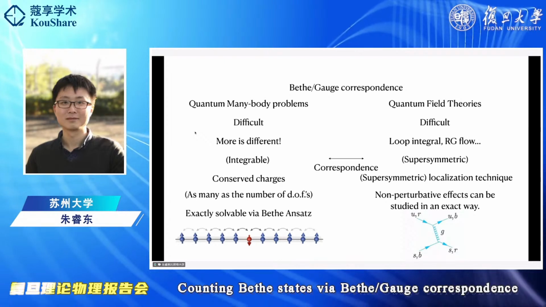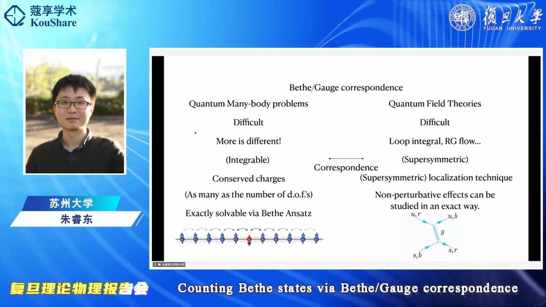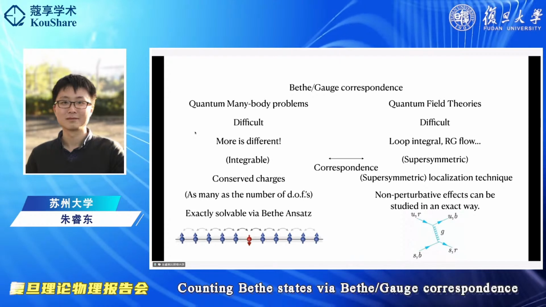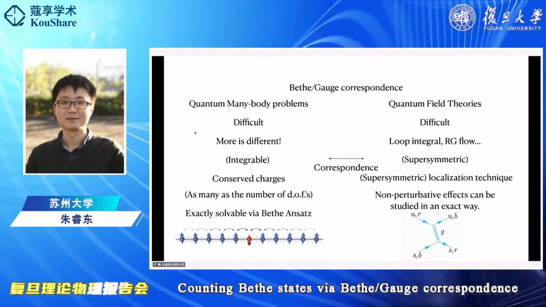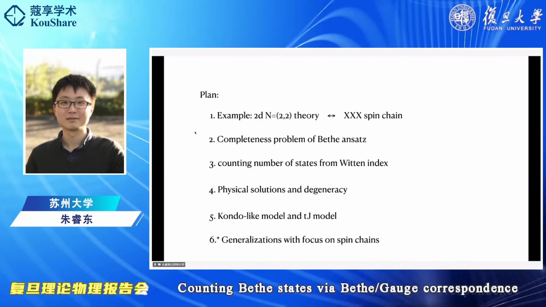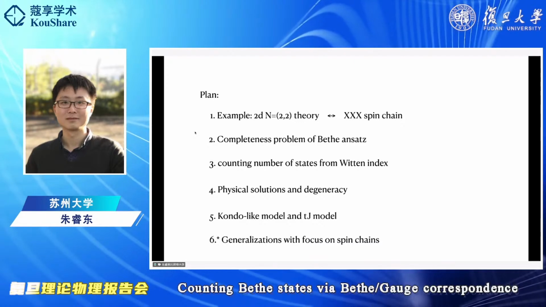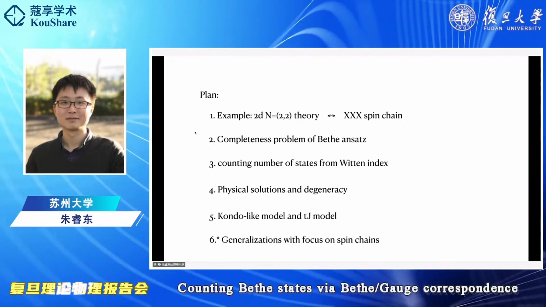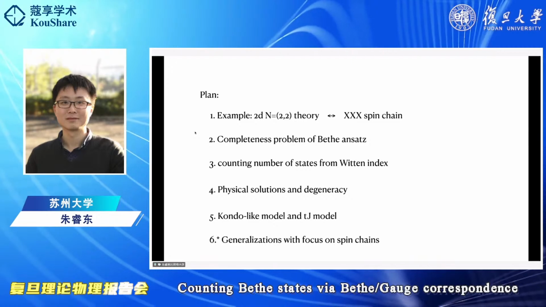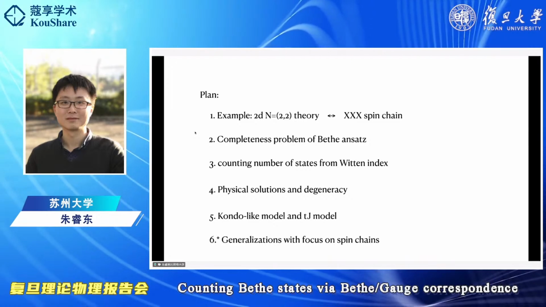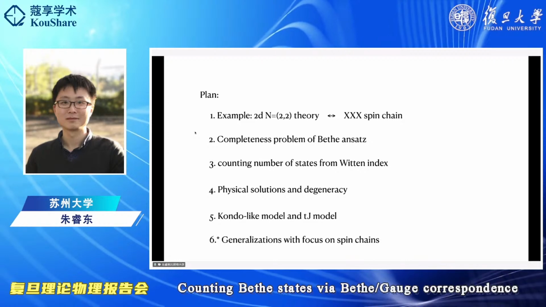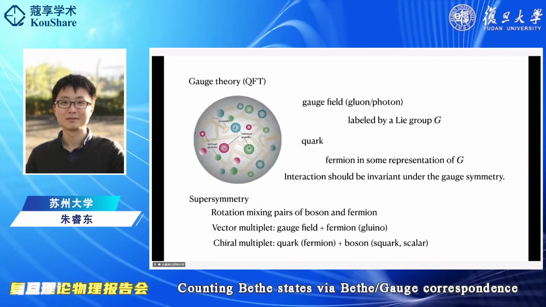In general, some quantities on the left-hand side are easier to compute from, say, Bethe ansatz, but some quantities are easier to compute on the right-hand side from localization. This is the plan of the talk. I will try to go as slowly and pedagogically as possible, so if you have any questions, you can stop me at any time.